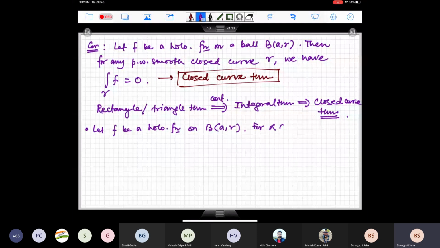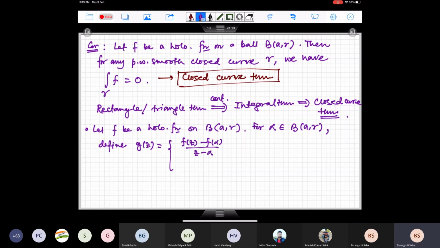So then for alpha belonging to the ball, define g of z, which is f of z minus f of alpha divided by z minus alpha for z not equal to alpha, and f prime at alpha for z equal to alpha.